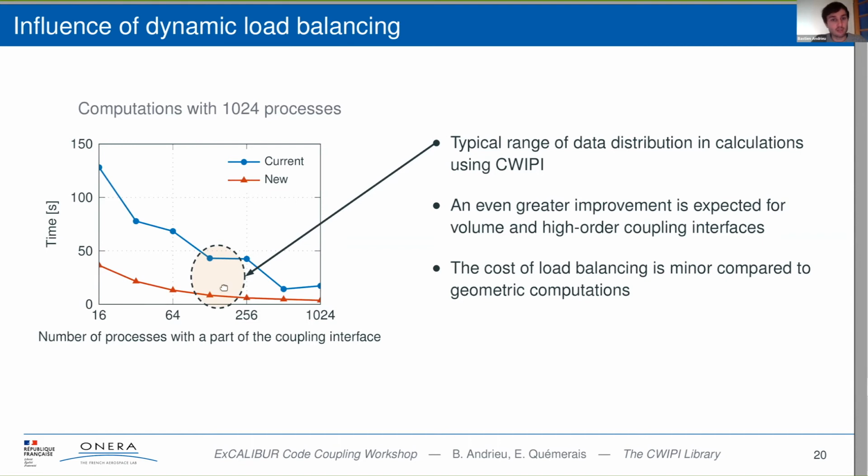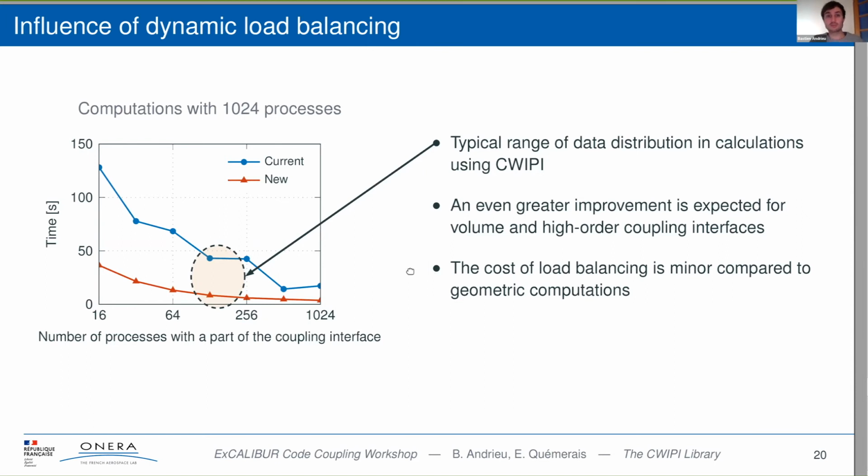So if you have here about 10% of the processes that actually handle a part of the coupling interface, we can see that in the new implementation you have basically the same performance as if all the processes shared a part of the interface. And this is done using dynamic balancing for the geometric localization algorithm.